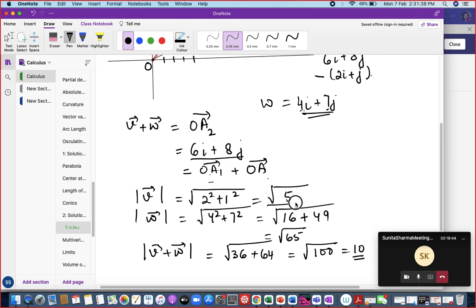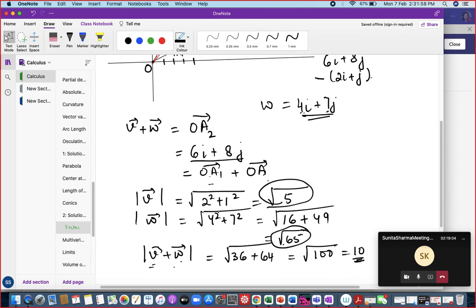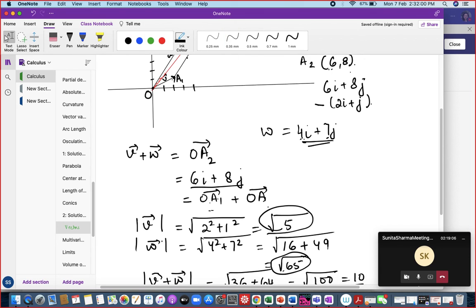So one vector has this length, another vector has this length, and their sum has a length of 10 units. As such, we cannot just add the lengths of these two vectors, because their sum is in a different direction. That is why these two quantities have some direction associated with them.